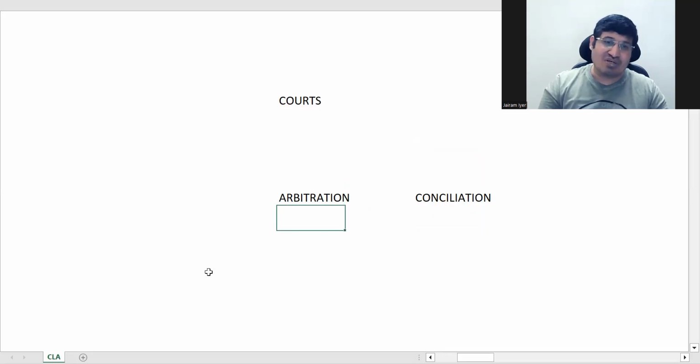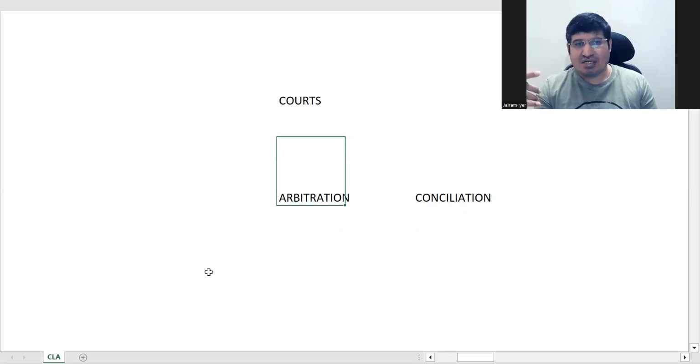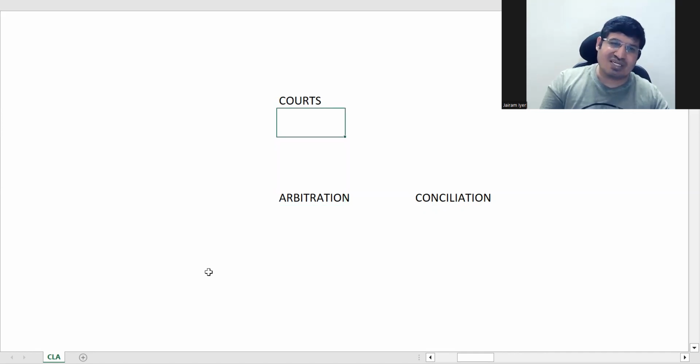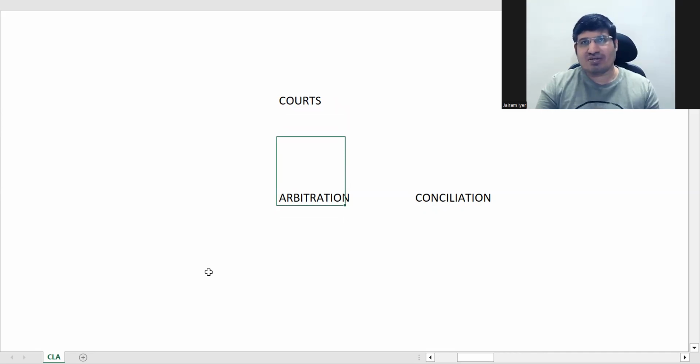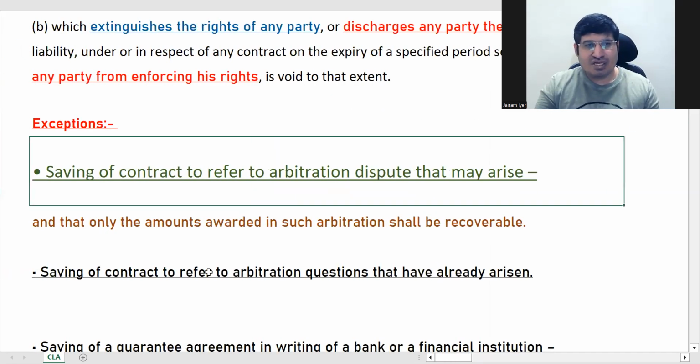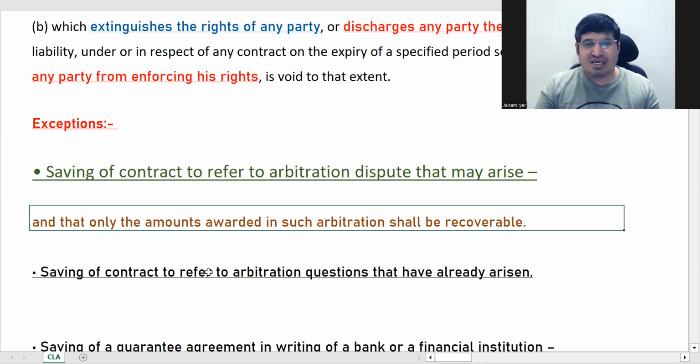But because in business there are so many disputes that courts would be flooded with cases, they prefer arbitration tribunals. You can just say that these are small kinds of courts with similar powers, but they are not courts. So if you are writing that we will refer only to arbitration, then it will not be considered an agreement restraining legal proceedings.